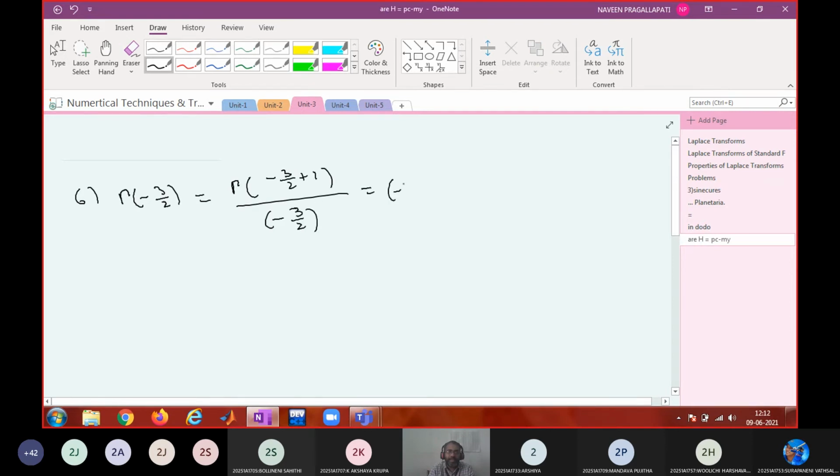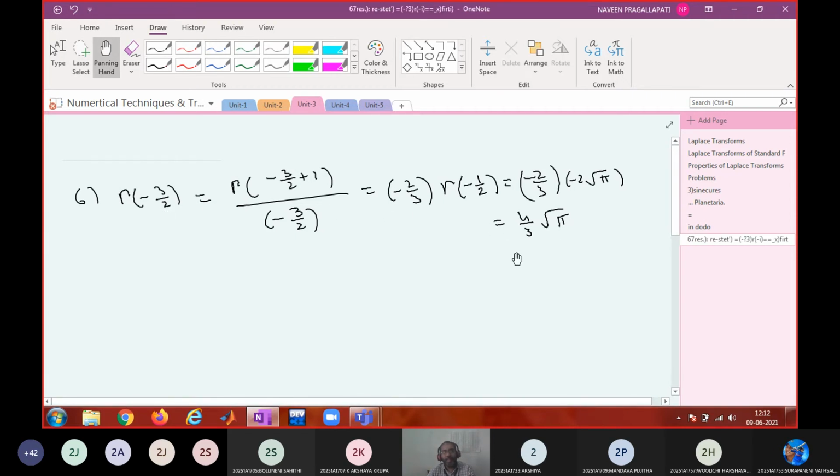So this is minus 2 by 3 into gamma of minus 1 by 2. And gamma of minus 1 by 2 we know is minus 2 root pi. So this is 4 by 3 into root pi. So like this, even if you have a negative value, you bring this to positive value and recursively apply gamma of a equals gamma of a plus 1 by a, and finally you use gamma of 1 by 2 value to get this value.